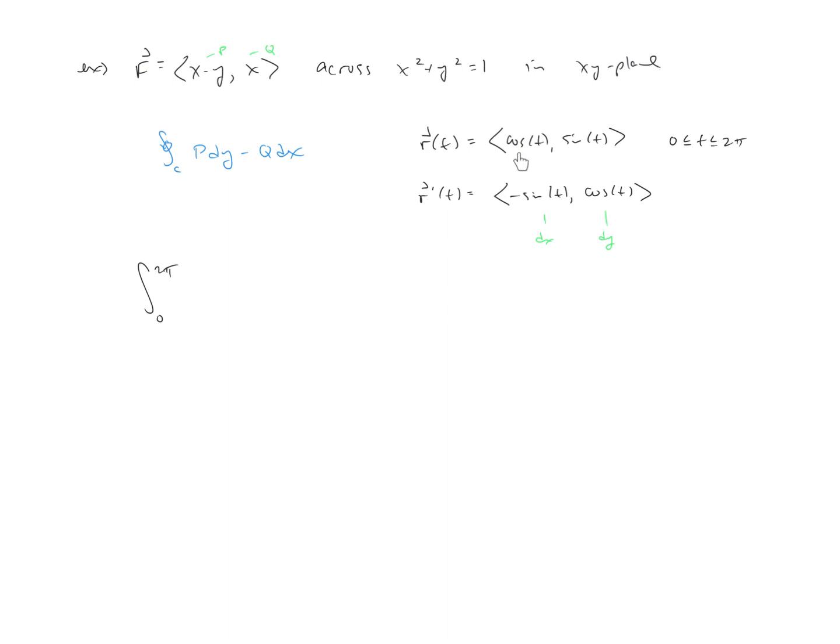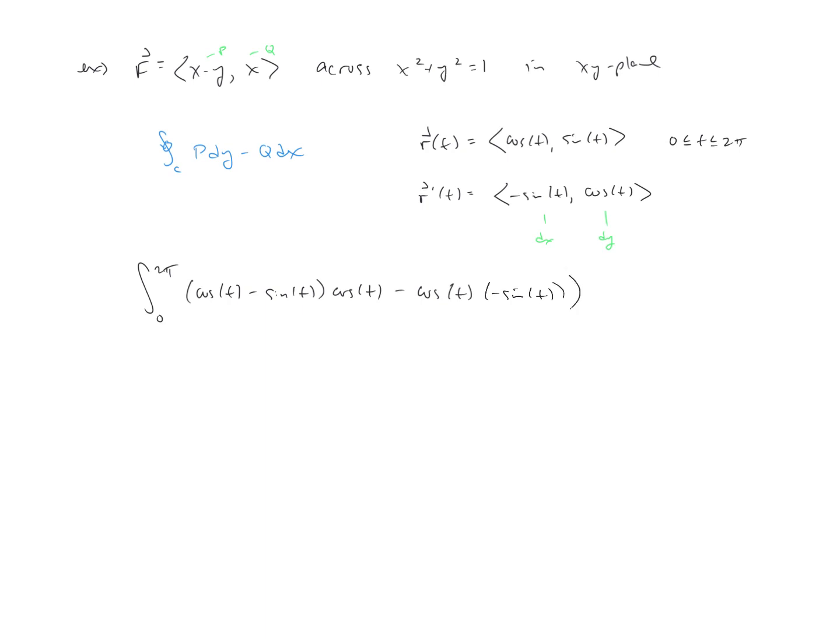So that'll be a cosine t minus sine t, followed by the dy, which was cosine t, minus Q, which was x from up here, but we can't write an x, we have to write a cosine t, followed by then our dx, which would have been negative sine t.